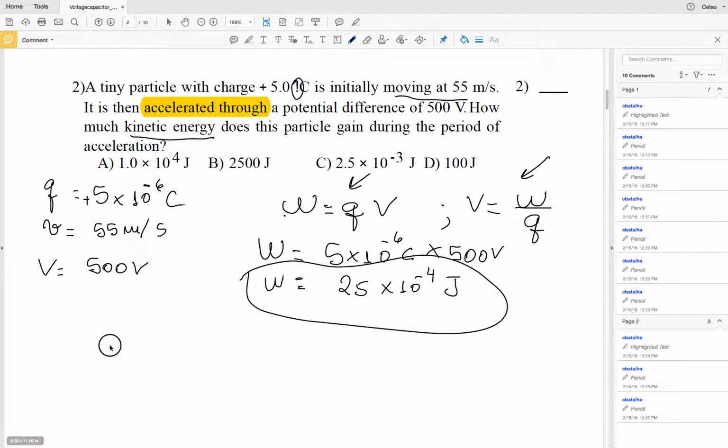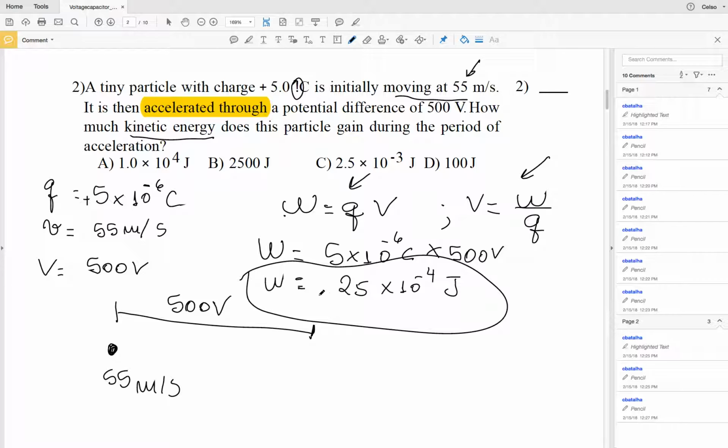So look at this. You have a situation, the particle was moving initially with a speed of 55 meters per second. And then it enters a region in which this particle is accelerated by 500 volts, right?